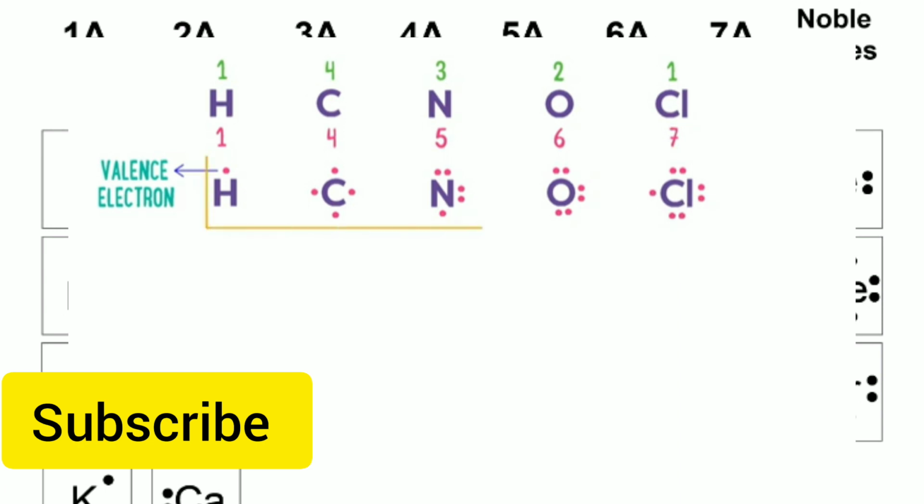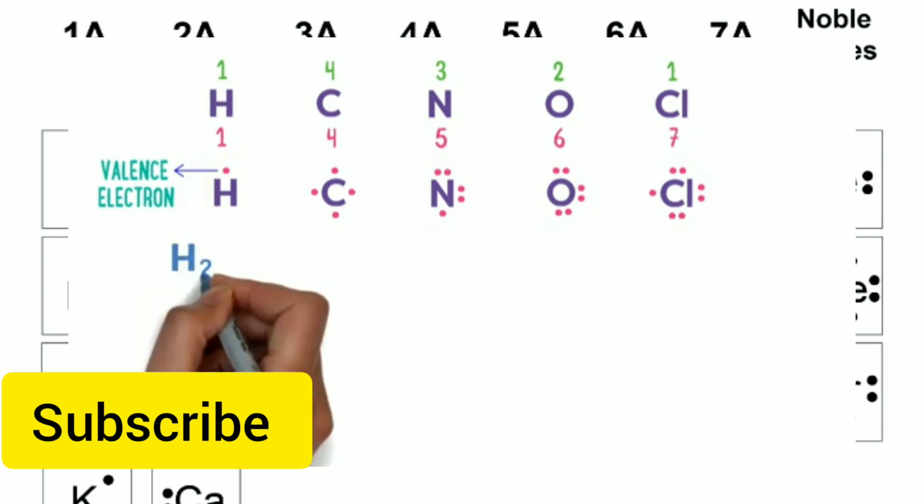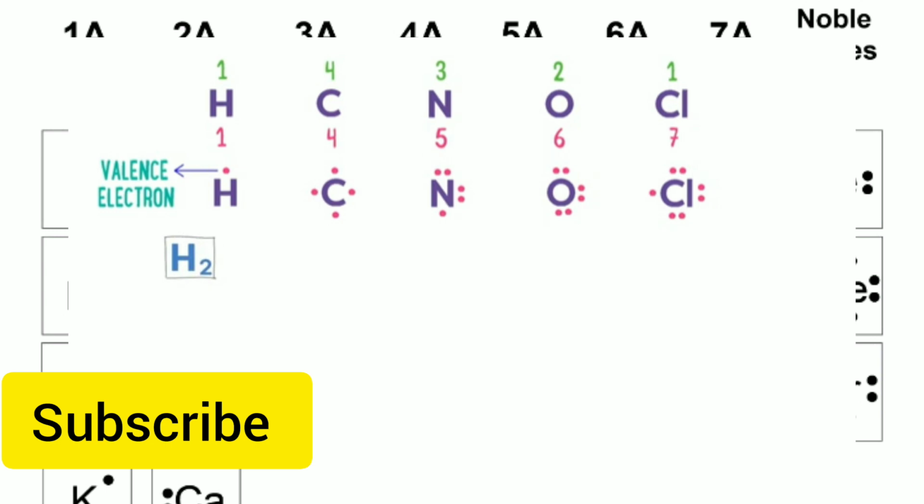Now I will use these structures in order to draw the Lewis structure of any compound or molecule. For example, consider the hydrogen molecule. Here, H2 means that there are 2 atoms of hydrogen present in this molecule. So I take 2 atoms of hydrogen. Now the single electron of this hydrogen atom and the single electron of this hydrogen atom are mutually shared.